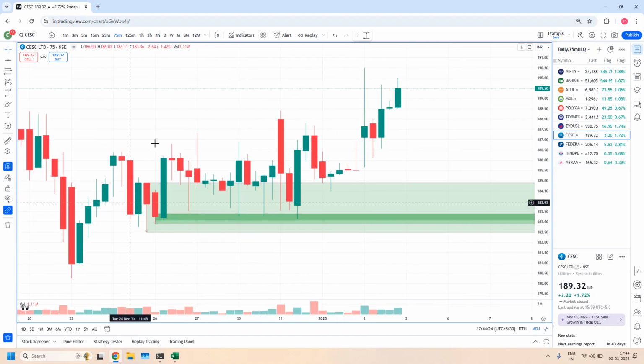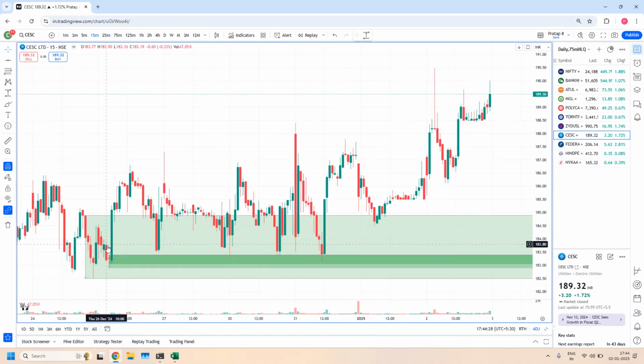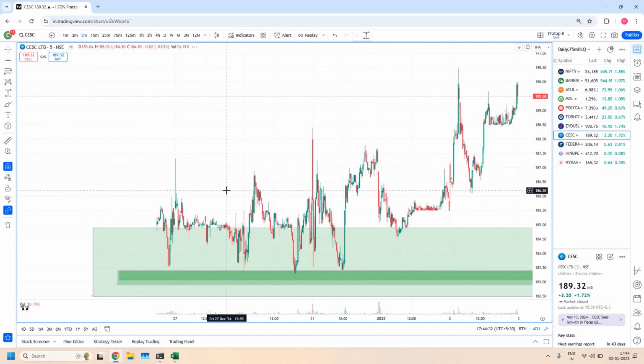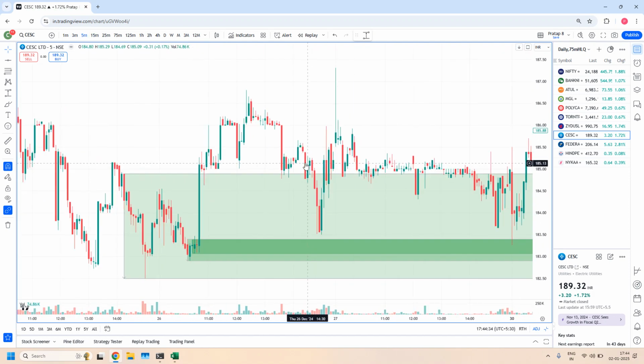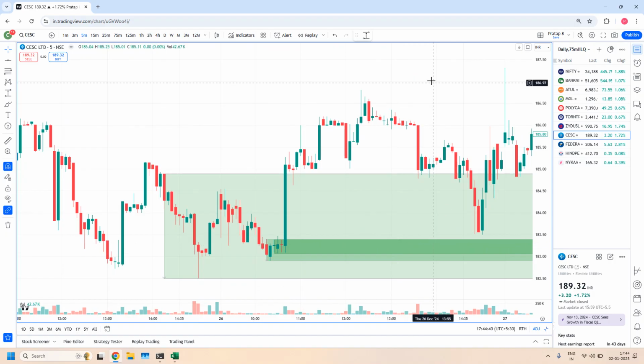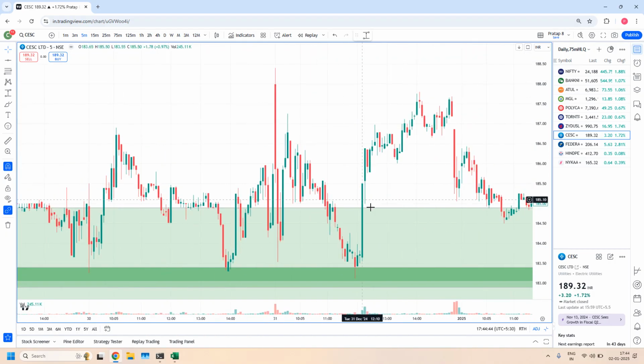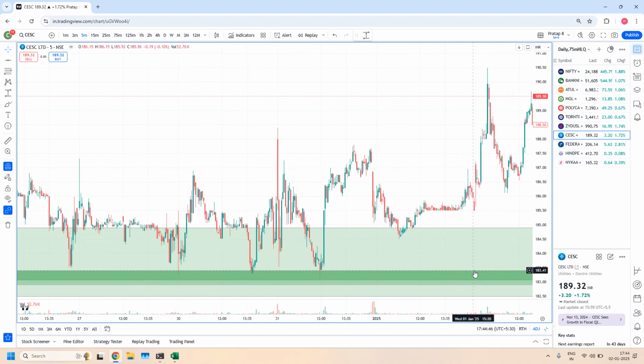I am not sure, but anyway, this one we fine-tuned with drop base rally 15 minutes, and that is having a fine-tuned 5-minute zone acting as a high liquidity zone. This rally, base, rally. And this is the area holding the prices multiple times. This is the high liquidity zone.